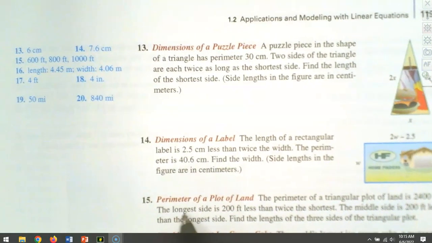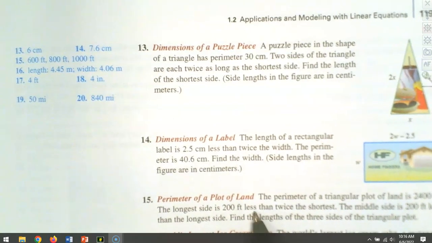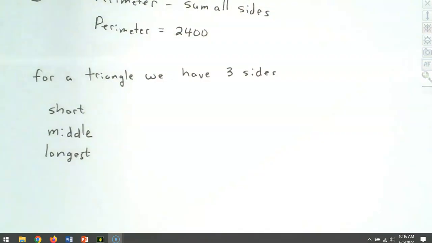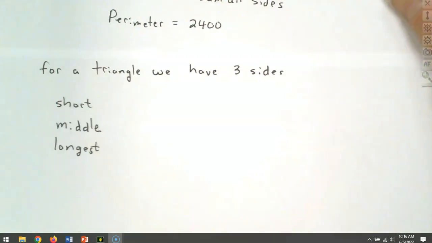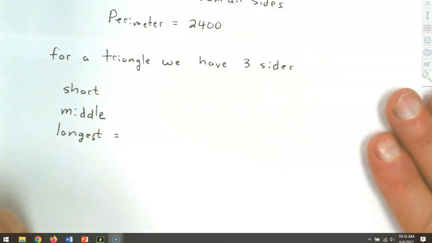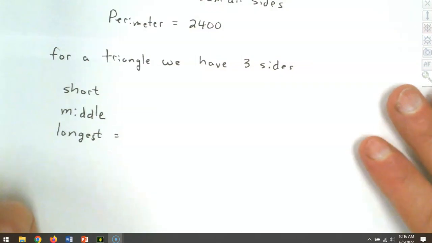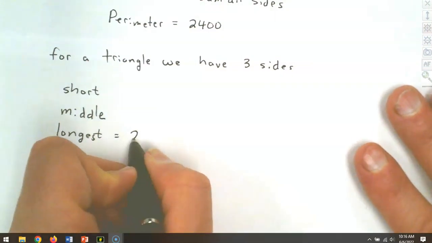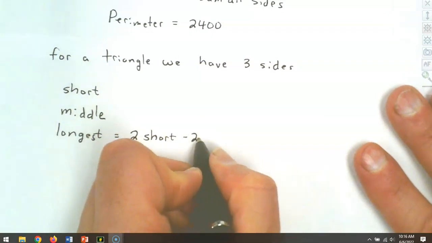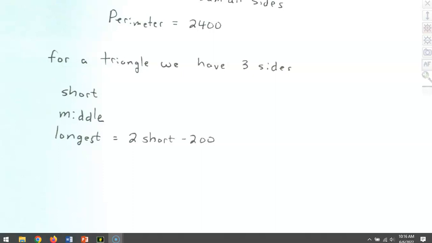The longest side is 200 feet less than twice the shortest. So that's going to be 2 times the short side. Less means we subtract, so less 200. So longest is going to be twice the shortest side minus 200.